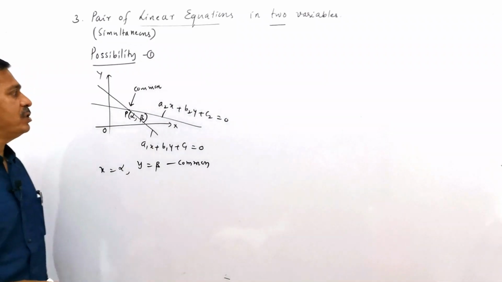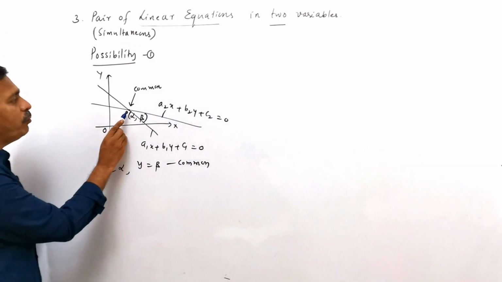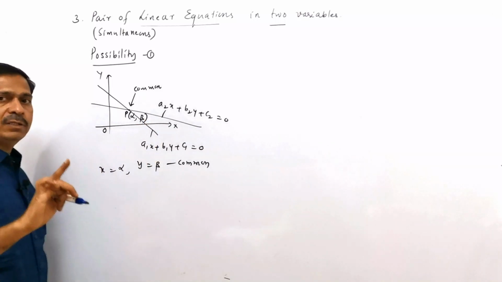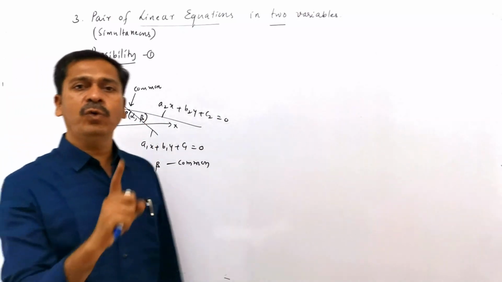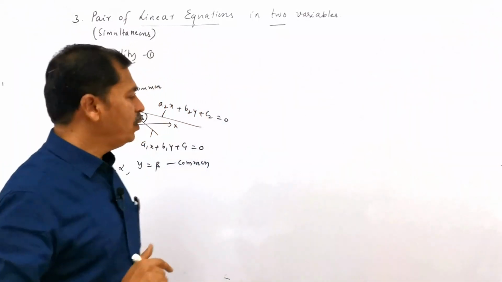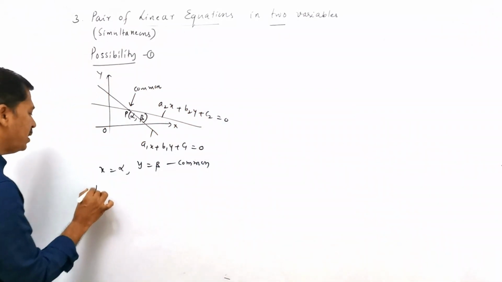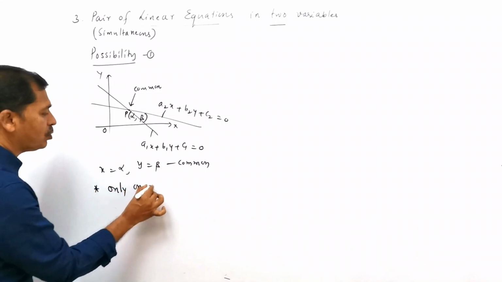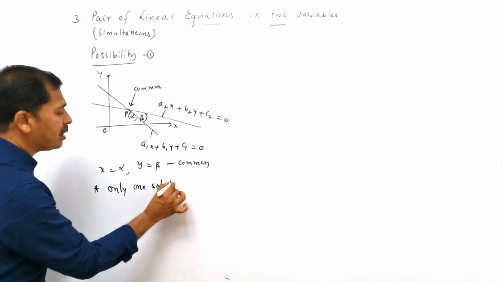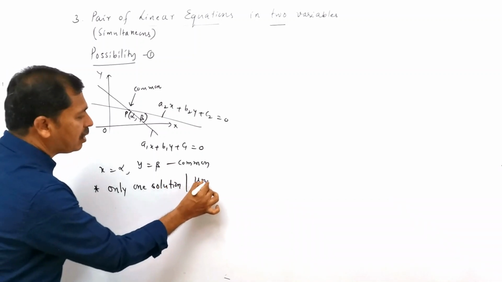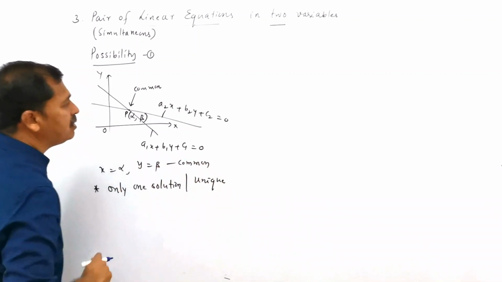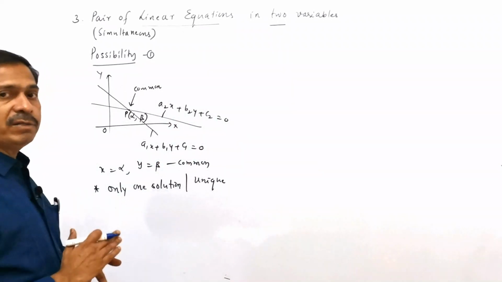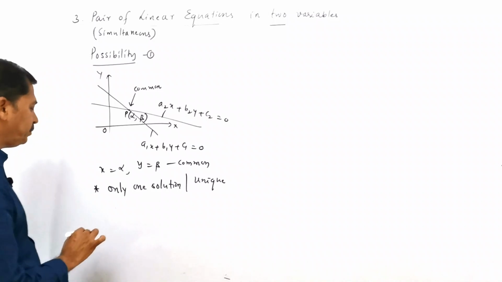So there exists only one common point with respect to these two lines. There is only one solution, or you can say this system has a unique solution.